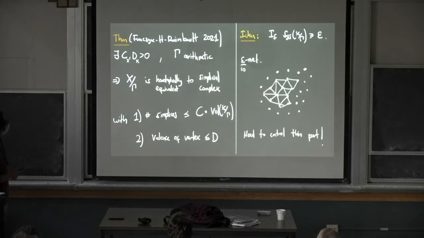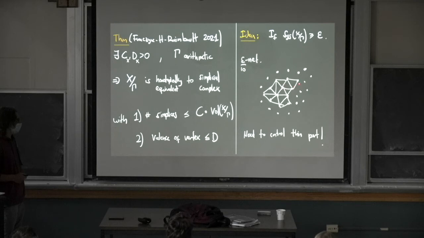The idea of how to prove this is kind of simple. If Margulis conjecture were true and you had a universal lower bound epsilon, you would take a net of points at distance at most epsilon over 5 but at least epsilon over 10, and then try to take a triangulation of this.